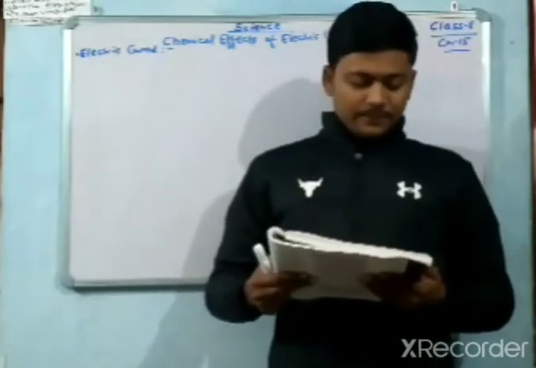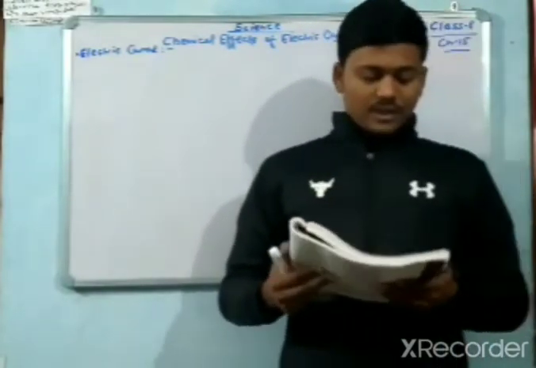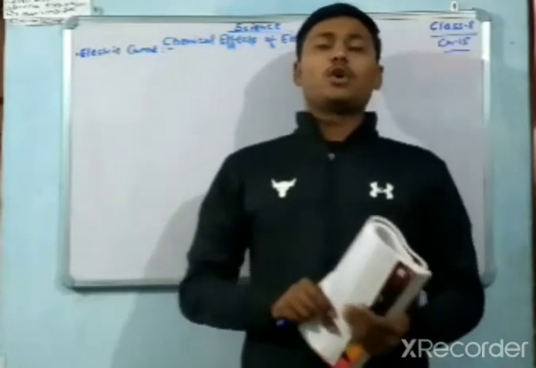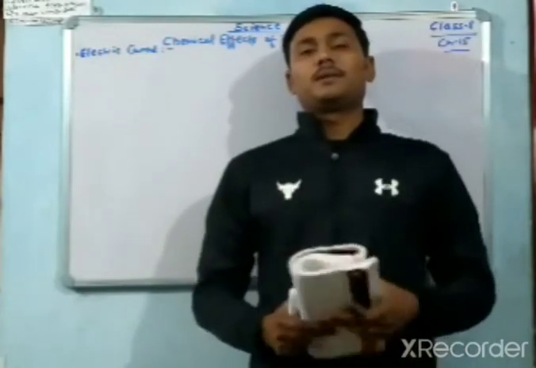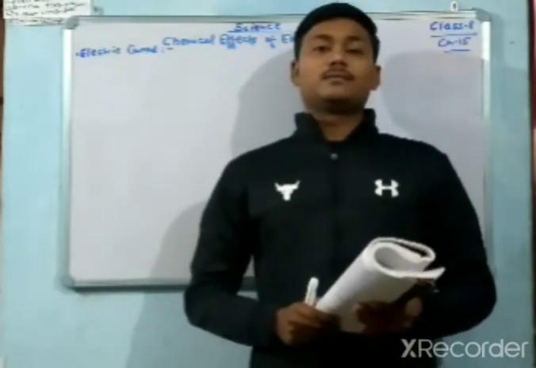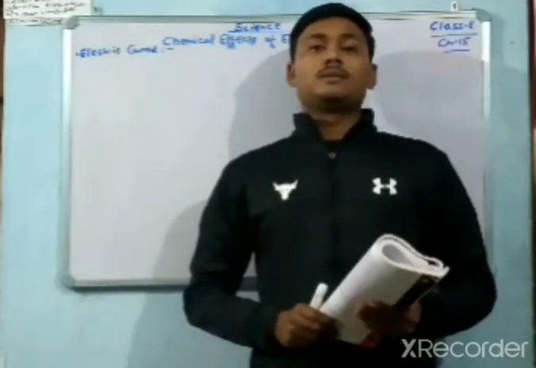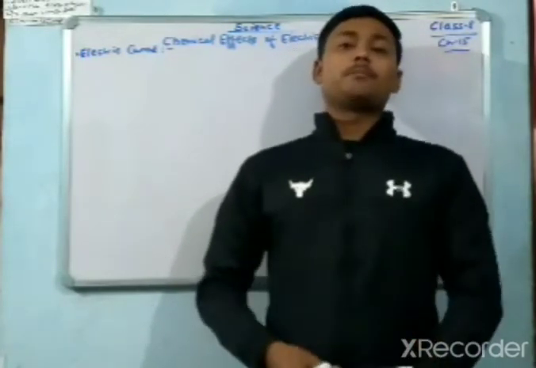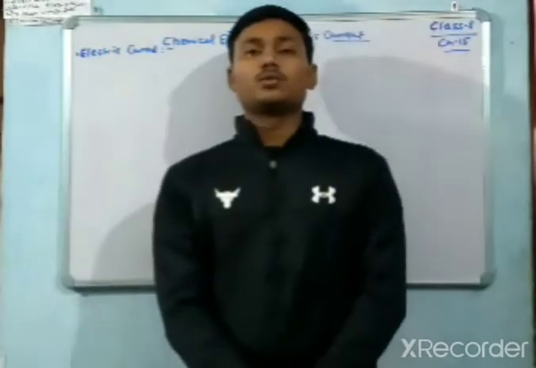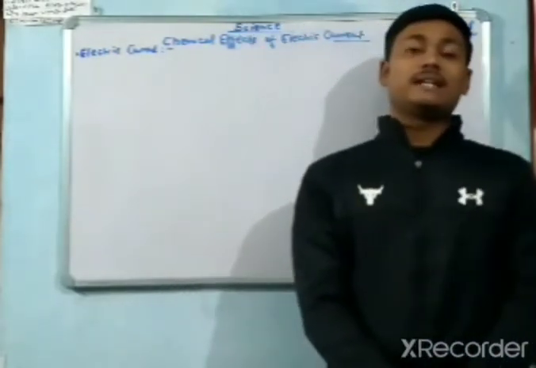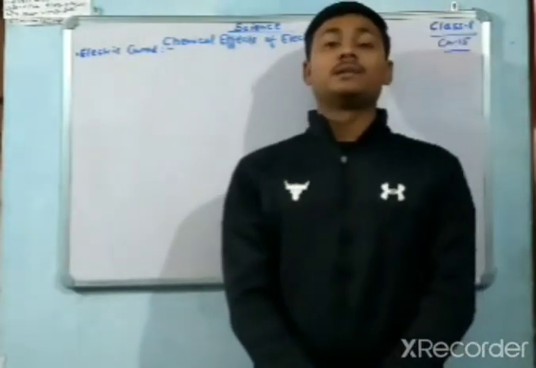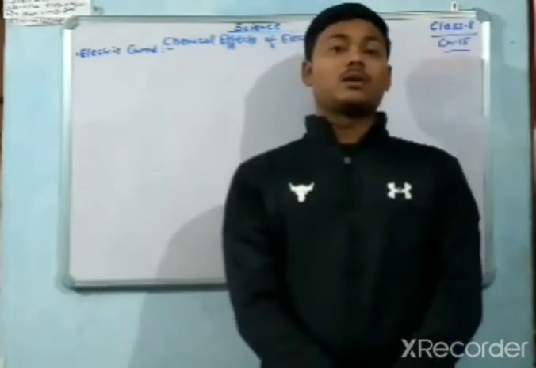When you observe a metal wire, you find that there are some subparticles present over there, or we can also say in the atom of that particular conductor or metal.